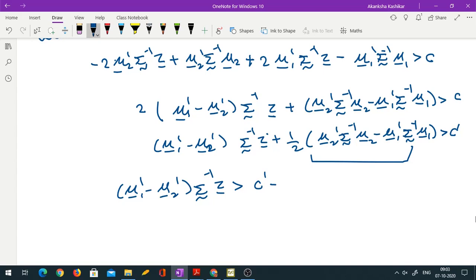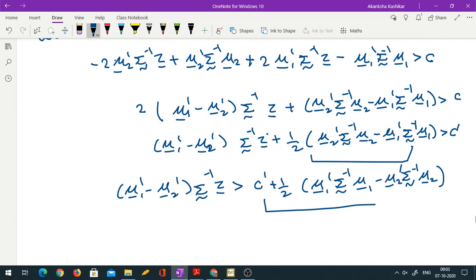So the signs would be opposite: C prime plus half (mu1 prime sigma inverse mu1 minus mu2 prime sigma inverse mu2). If this happens, then we are going to assign Z to the first population. So I can call this entire constant, say, k1.